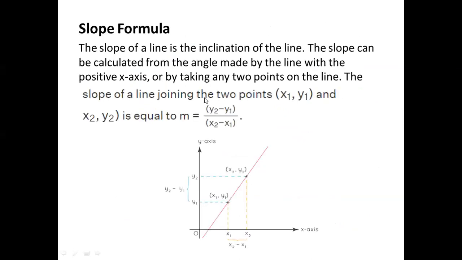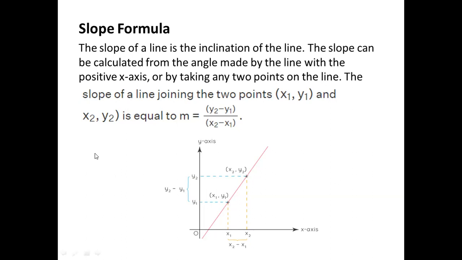So now we will talk about the slope formula. The slope is the inclination of the line, and it can be calculated from the angle made by the line with the positive x-axis or by taking 2 points from the line.